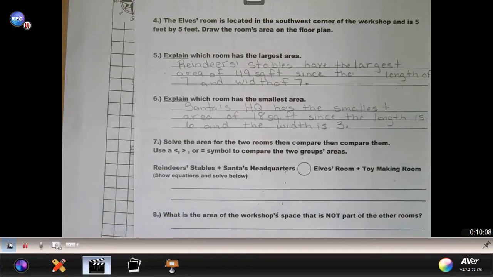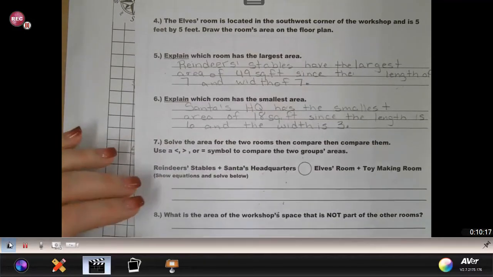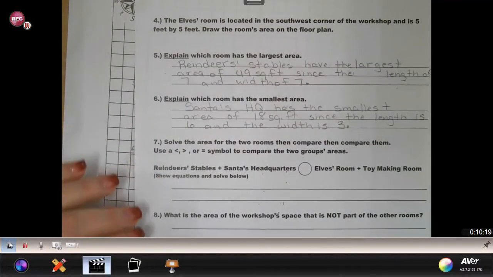So remember, we can multiply the length times the width to find the area of our room or the inside space of a rectangular figure.